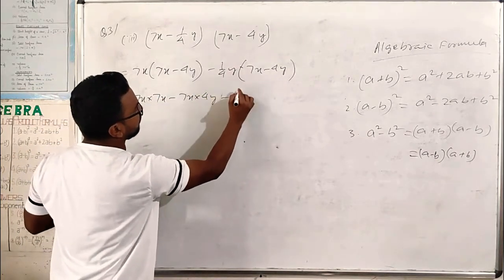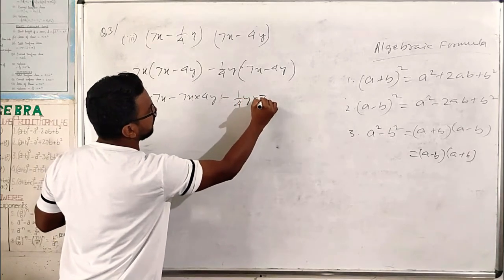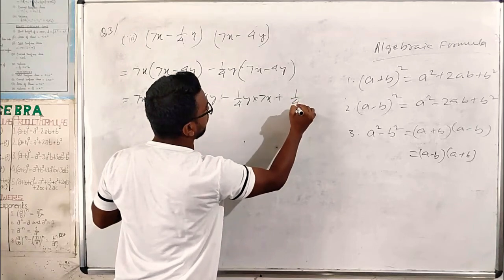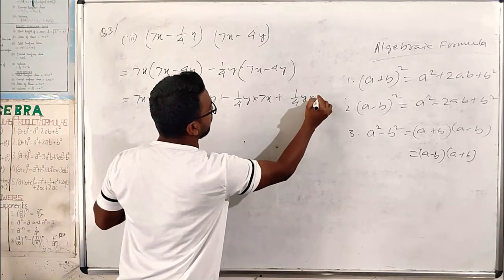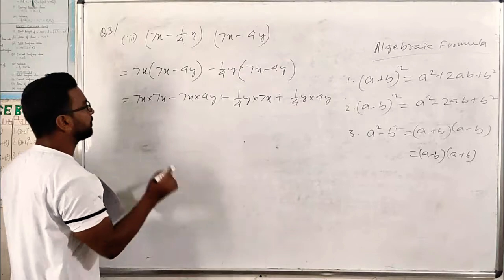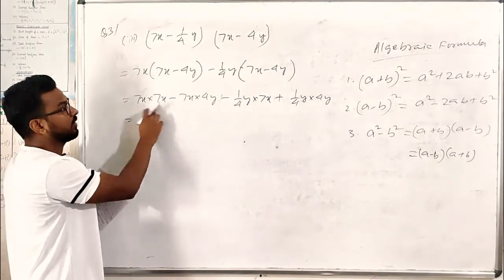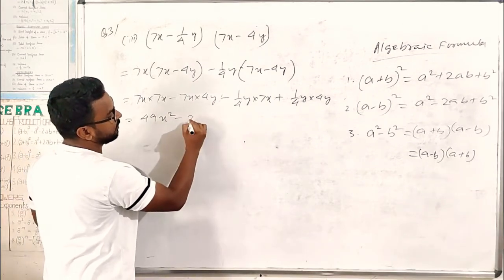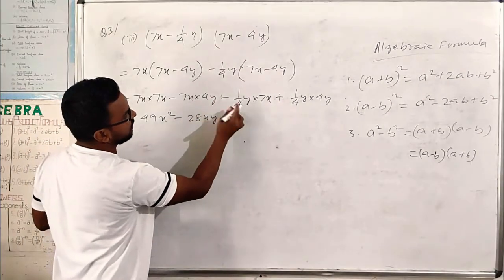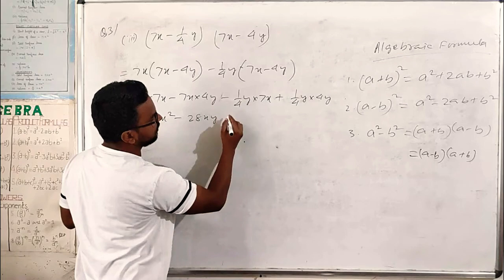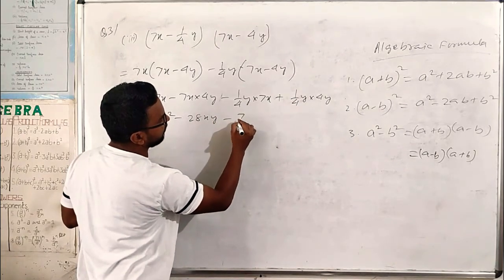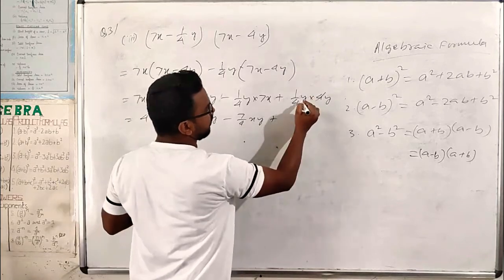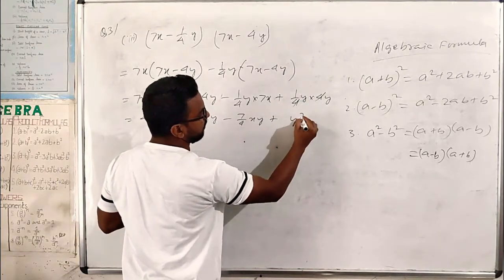Again here minus sign, 1 by 4y into 7x, minus, it will become plus 1 by 4y into 4y. Okay, so if you multiply, you will get 7 7s are 49, 49x square minus this will be 28xy, this is minus, so this will become minus 7 by 4 xy plus this 4 will get cancelled. What will remain? Y square will remain.